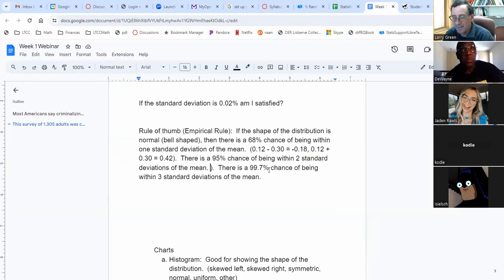Okay, the answer is definitely no. So for example, let's suppose you looked at the height of adults and you look at the distribution of heights in inches. Why would that distribution not be approximately normal?